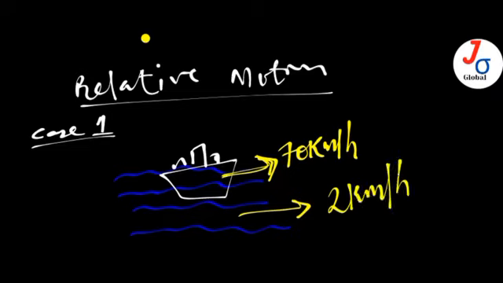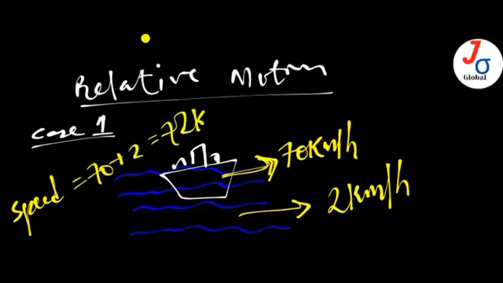Now the question is, what is the speed of the ship relative to the ocean? Because they're in the same direction, the speed of the ship is going to be 70 plus 2. That's 72 kilometers per hour. Why?